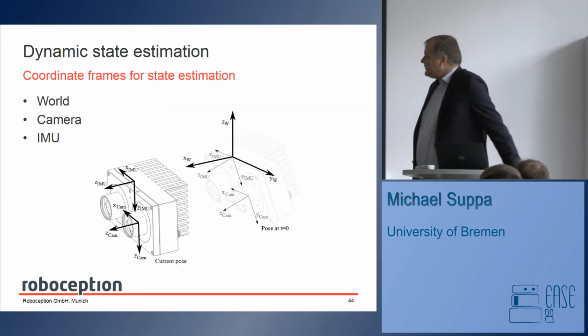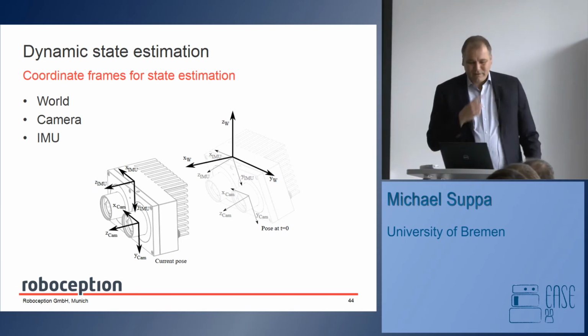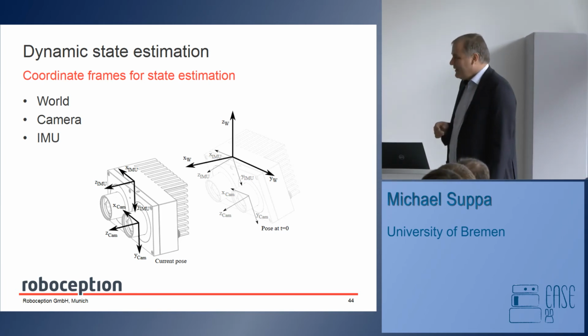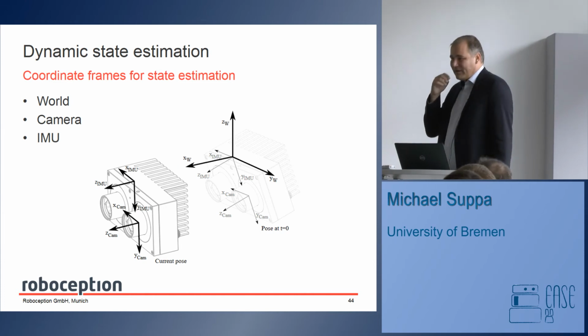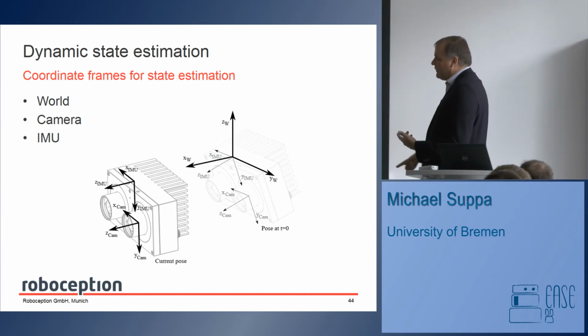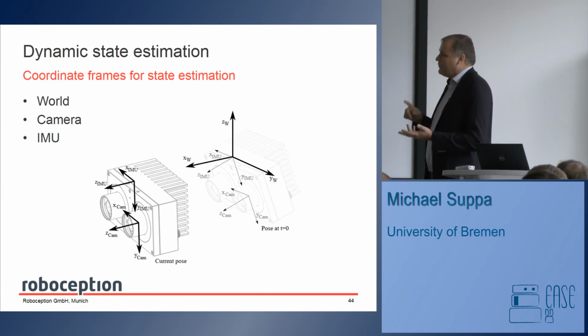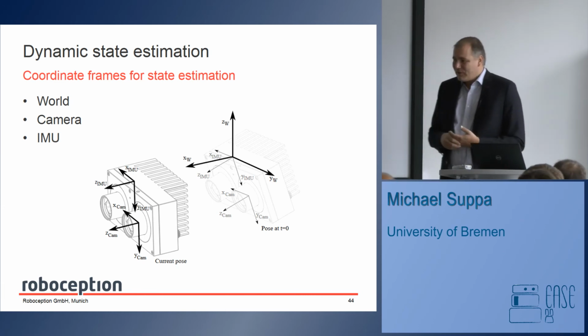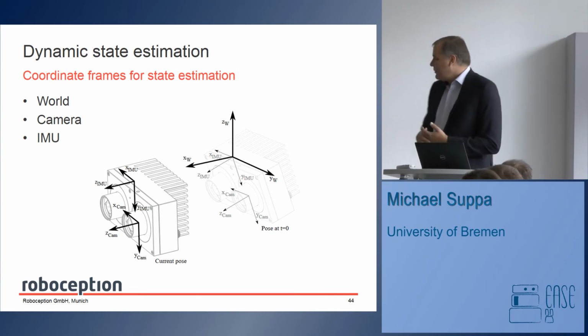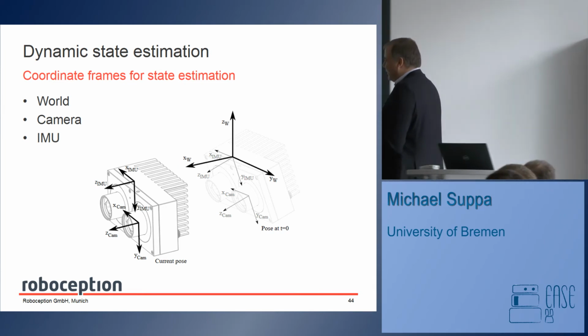Another thing, robotic systems coordinate frames. I just want to mention that briefly. That's also something that most of the time goes wrong. You always have more than one coordinate system. You have a world coordinate system, a camera coordinate system, and your IMU coordinate system, and you need to bring them properly together.